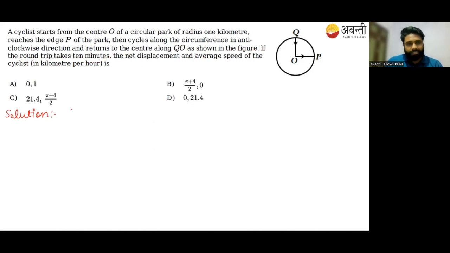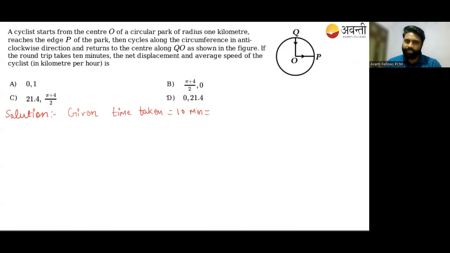So firstly, what is given to us? Time taken is given to us, which is 10 minutes. So just try to convert the unit initially so that later on you will not find any problem, or you do not have to rush.